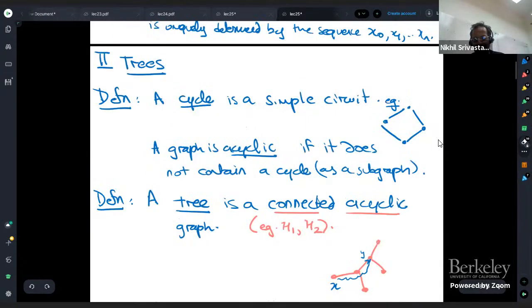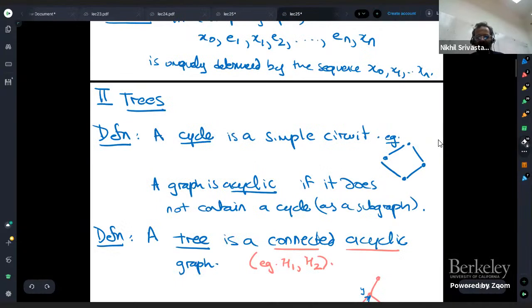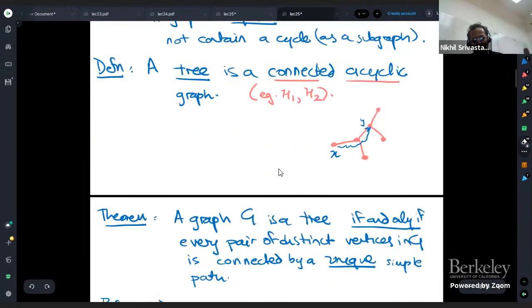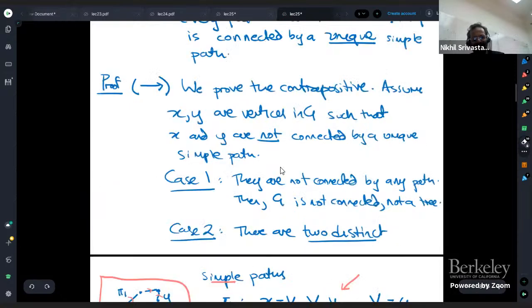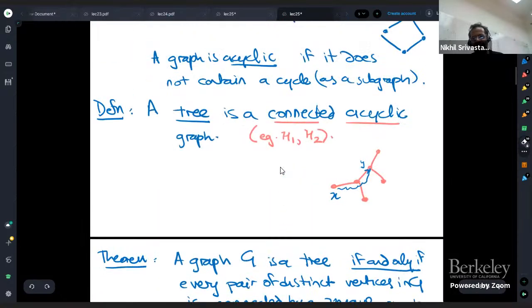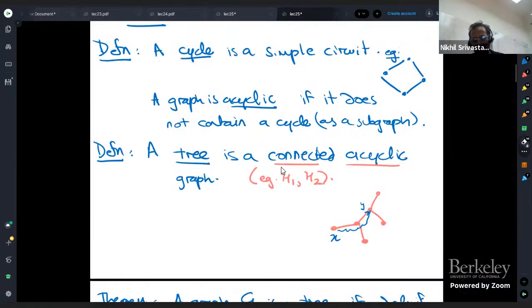Let's just assume all graphs are simple for this section. I mean, we get it for free because of what I said. A non-simple graph can never be a tree because a multiple edge is a cycle, right? So let's write this as a remark. I don't want to rewrite it in the proof.